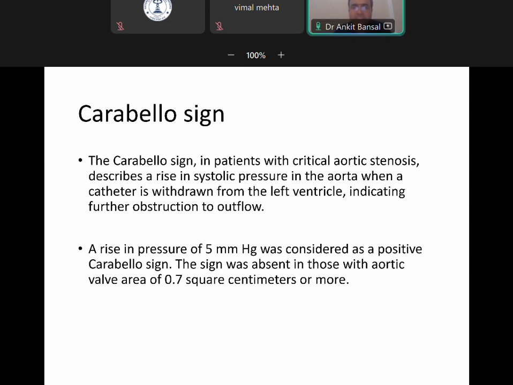When this catheter is withdrawn from the LV into the aorta, there is an increase in the systolic pressure. If this increase is more than 5 mm of Hg, then it is called a positive Carabello sign. This sign is absent when the valve area is more than 0.7 centimeters square, or it may be absent if you take a smaller French catheter. If you are taking a 4 French catheter, then again it can be negative.